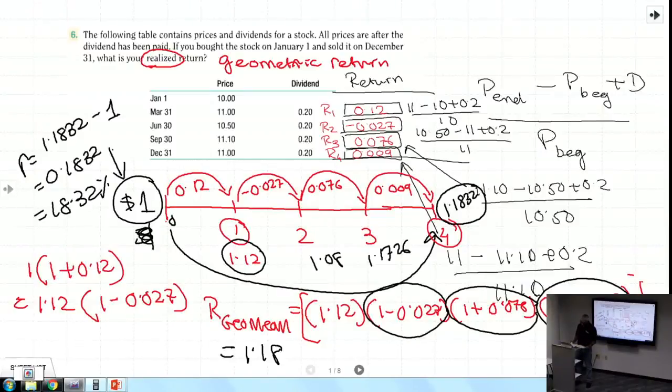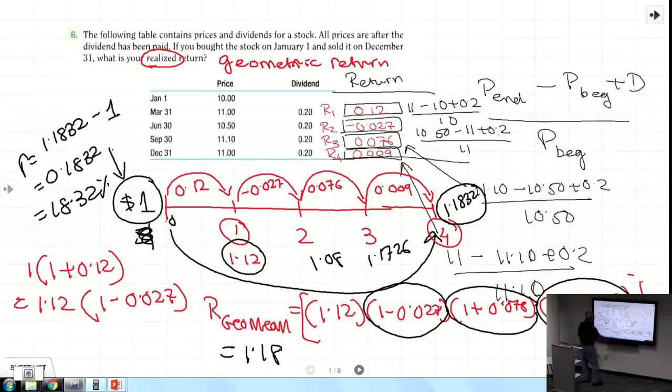And then when we look at geometric return, in problem number 11, the first step is how to calculate arithmetic return.